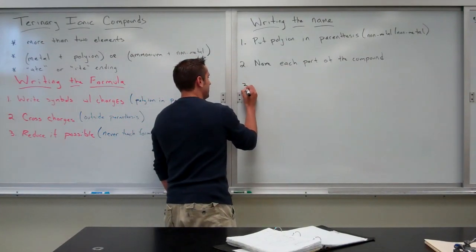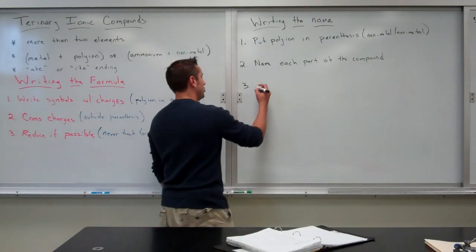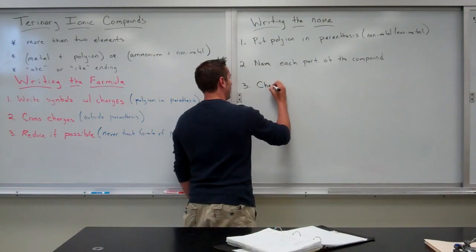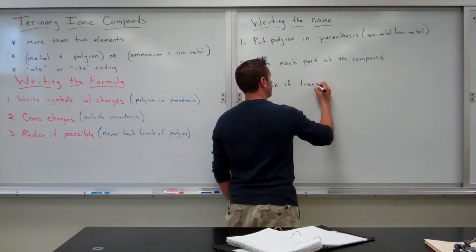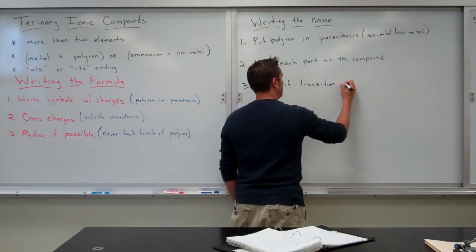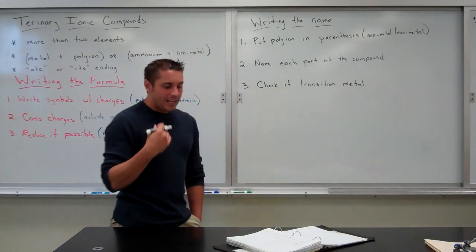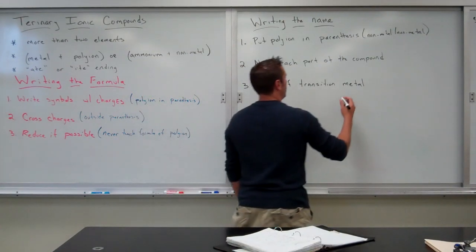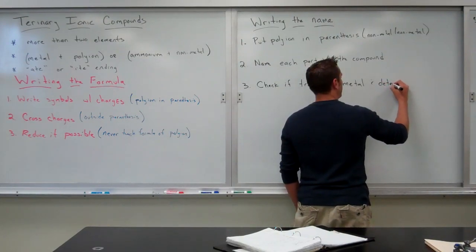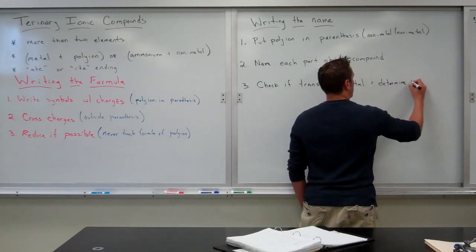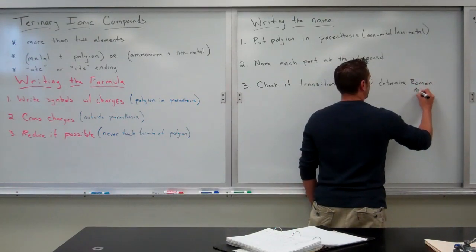Last but not least, just like with binary ionics, you have to check if it's a transition metal, and if it is a transition metal, determine the Roman numeral.